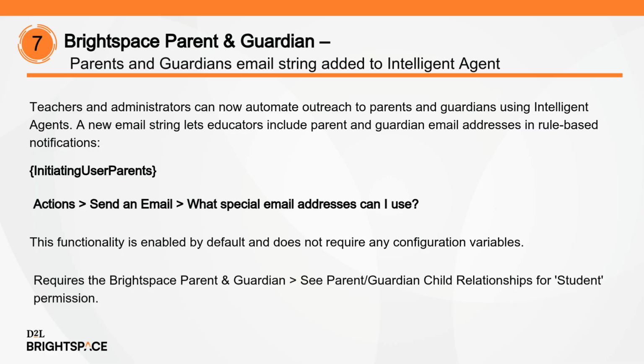In the Intelligent Agents tool, the string appears under Actions, Send an email, What special email addresses can I use? Available to all K-12 clients with the Brightspace Parent and Guardian tool enabled. To enable, teachers must have the parent-guardian-child relationships for student permission.